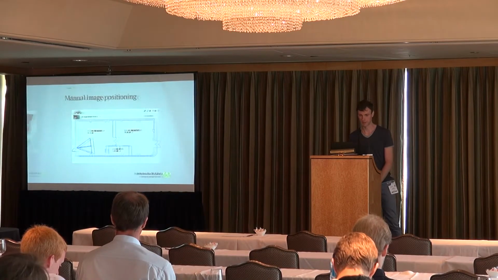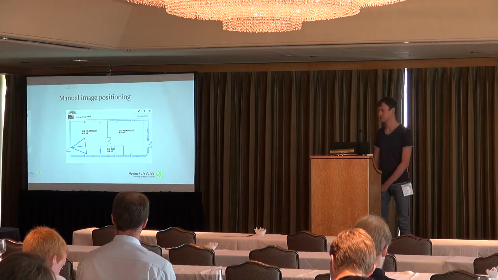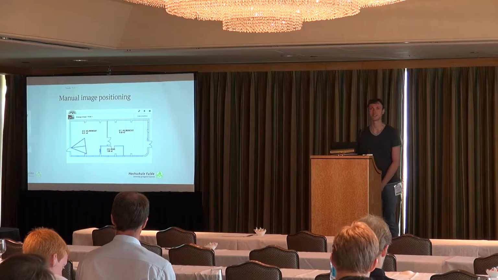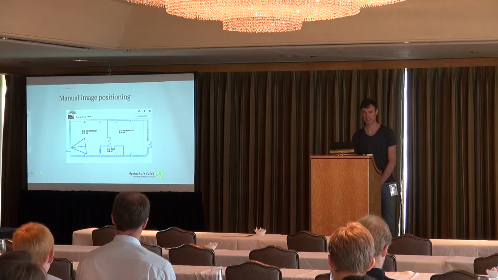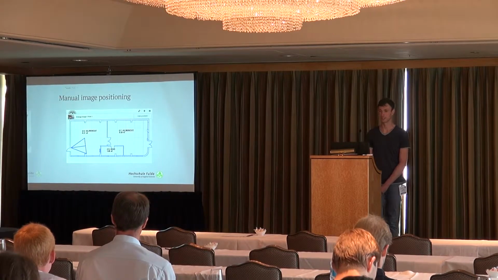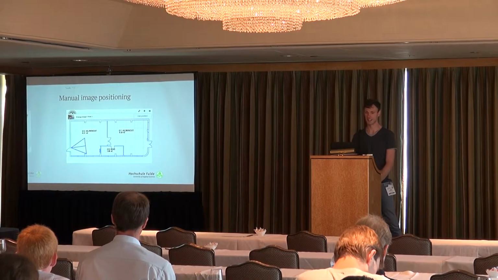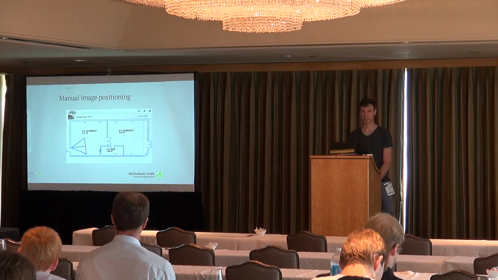So we came up with a much simpler solution, which was the manual positioning of images within the web scene. Basically the user could take images within the web application and position those images via an overview of the scene by drawing the view area and the direction of the image on that overview.